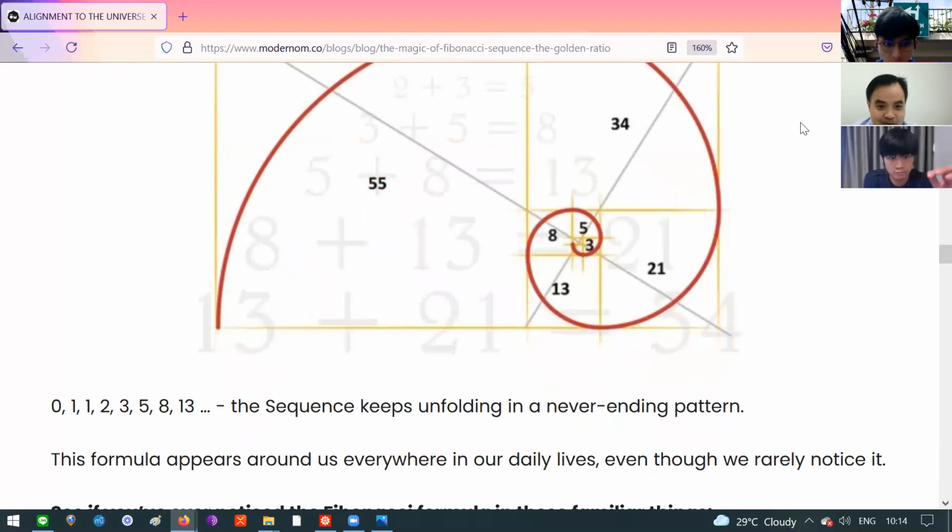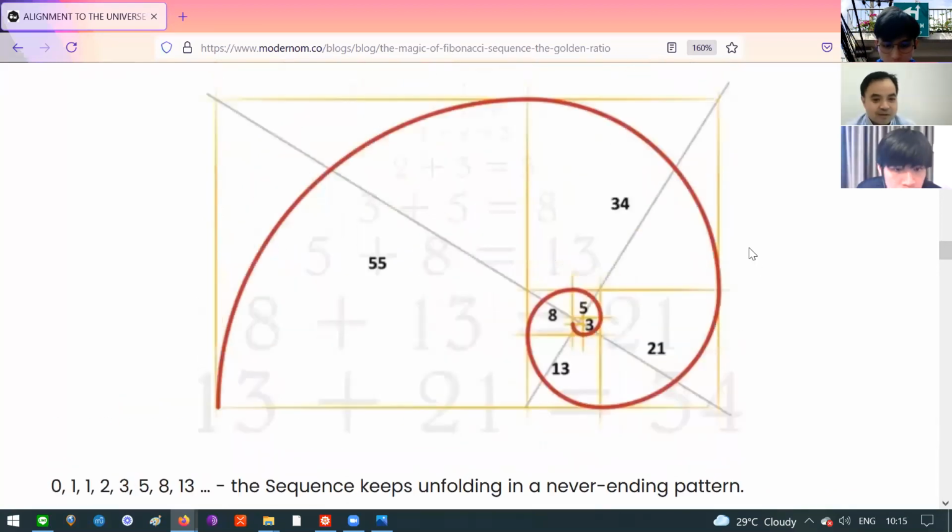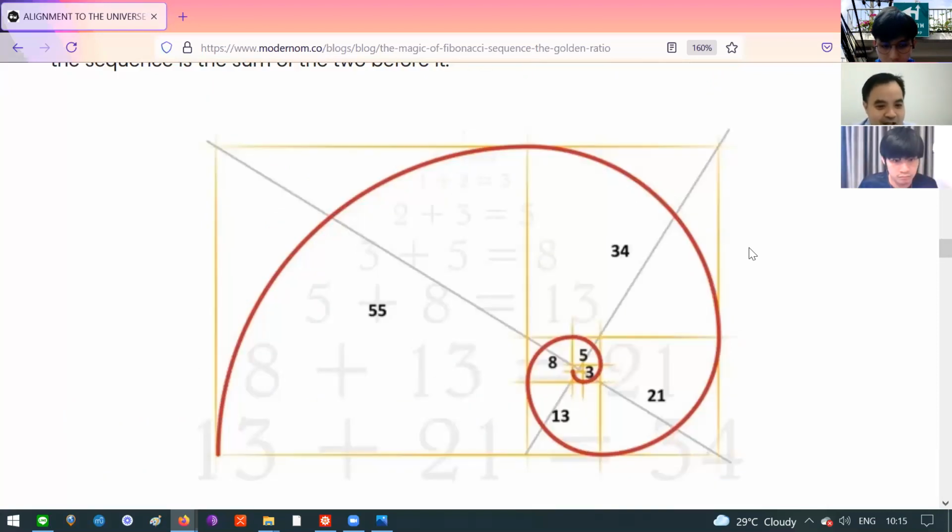So this sequence is not arbitrary. This Fibonacci sequence is not just mathematically beautiful, it's actually the way nature builds or scales. This is a natural way of scaling in nature. Nature doesn't necessarily scale 1, 2, 3, 4. That's called linear scale.